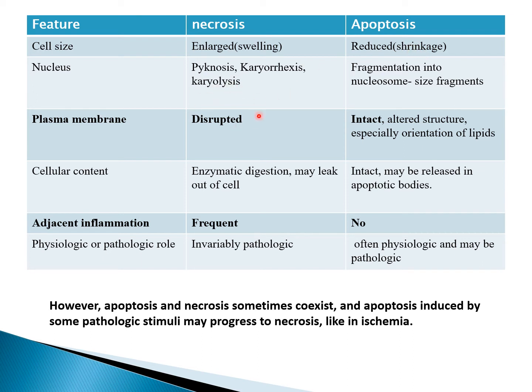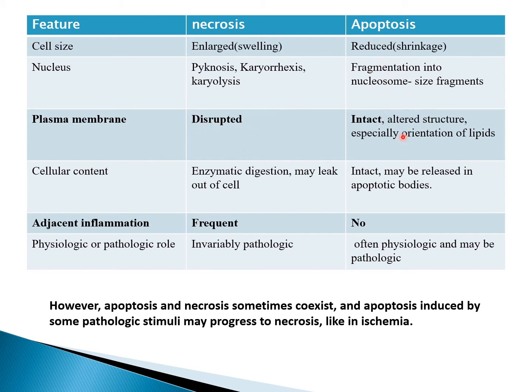These are the changes in the nucleus: pyknosis, karyorrhexis, and karyolysis. We already discussed them in necrosis, but in apoptosis, there will be fragmentation. First, condensation of the nucleus, then fragmentation of the nucleus. It is similar somehow to karyorrhexis, but the process is somehow different.